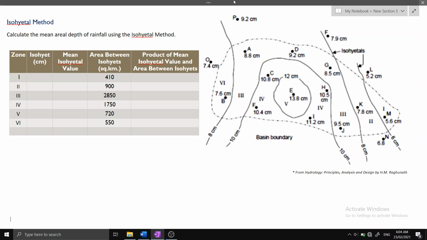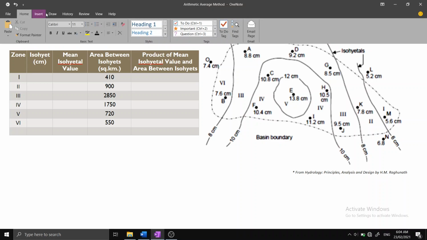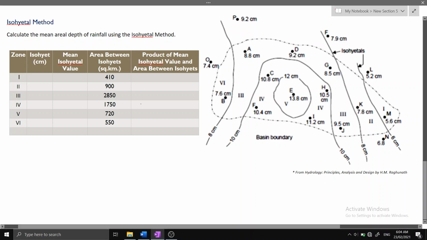So, let us say that this is the basin boundary, this one, and the isohyets or isohyetals are these lines.